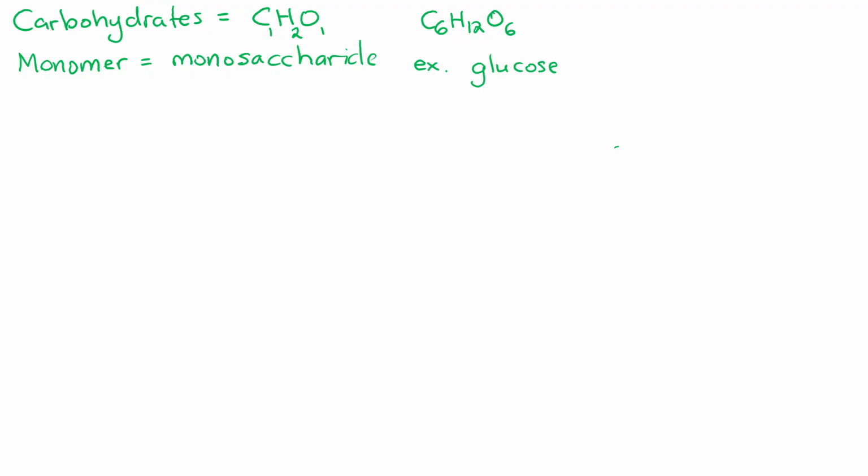And we need to know the function. So the function for glucose is quick energy. Okay. And then we also have that linking. So monomers link up together to form these things called polymers. And so what links them together? Let's do that real quick.